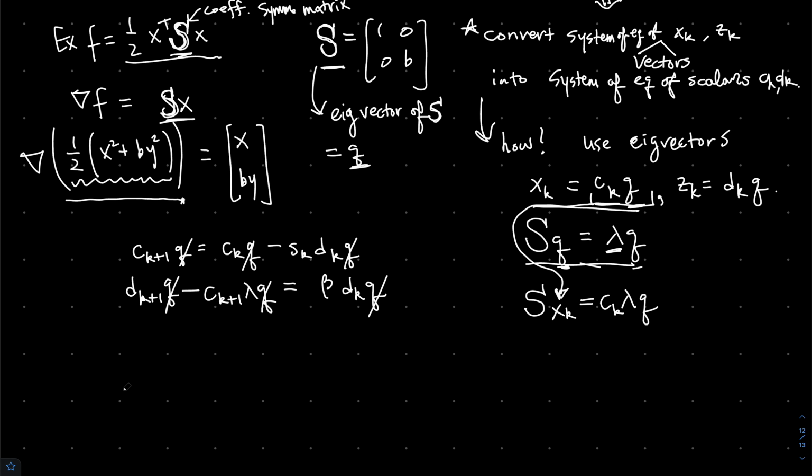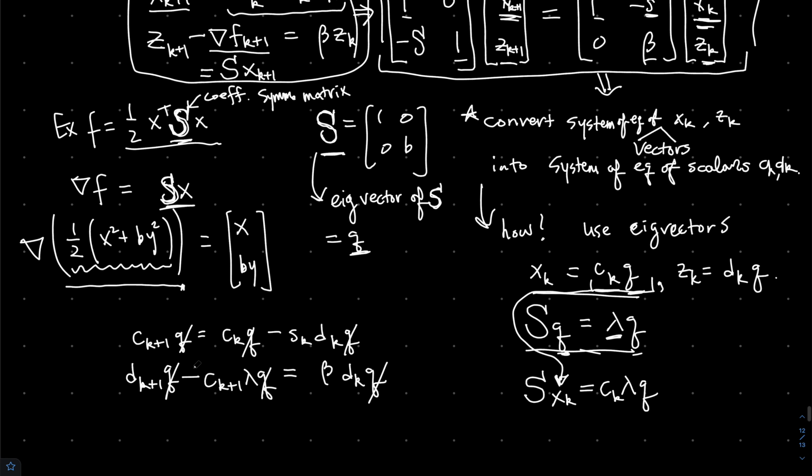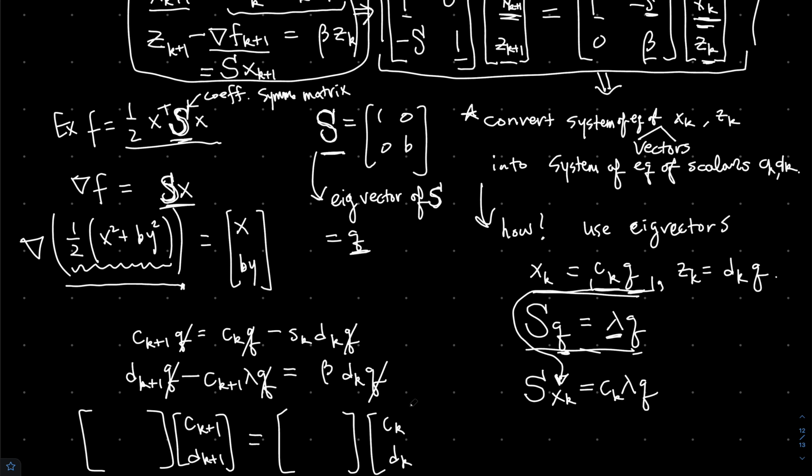Now, this equation here, we can rewrite as ck plus 1, dk plus 1, and we have a matrix here, equals another matrix, times ck dk.